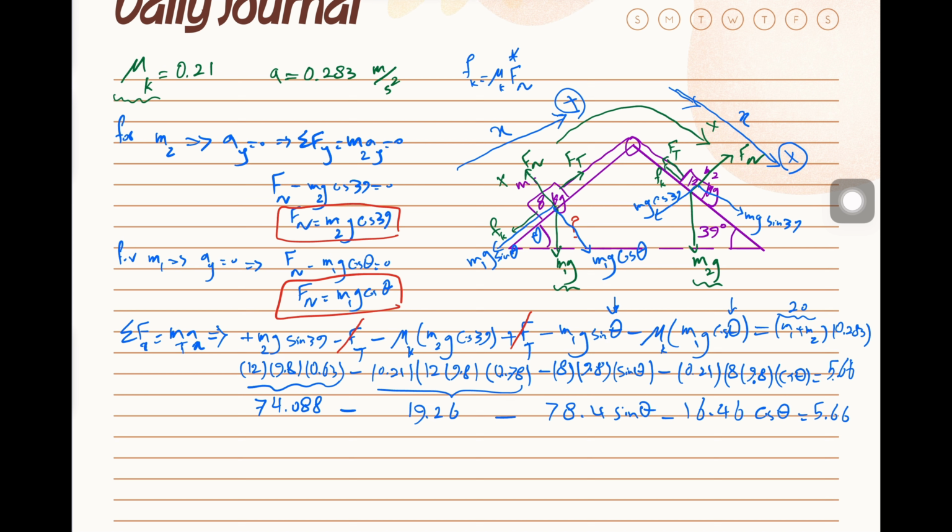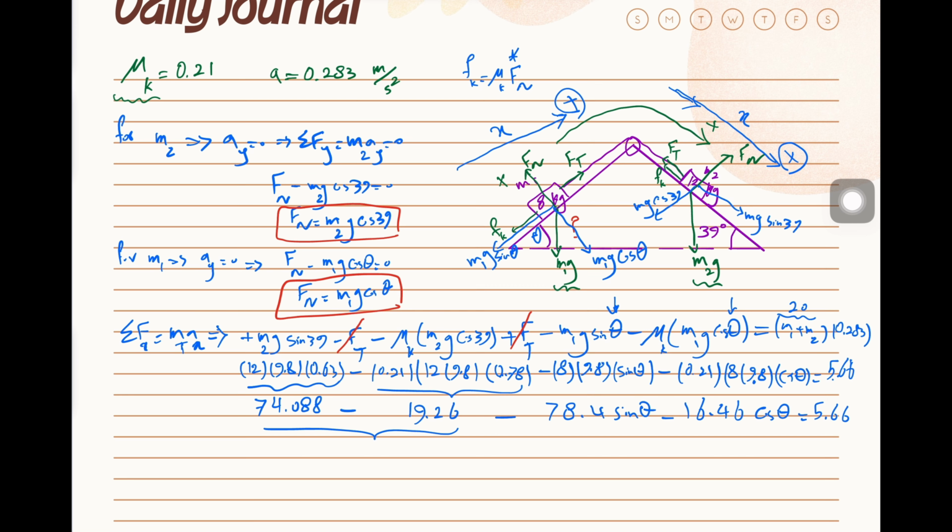Okay, now we need to solve this. So these numbers, like 74.088 minus 19.26, so it's gonna be these numbers.